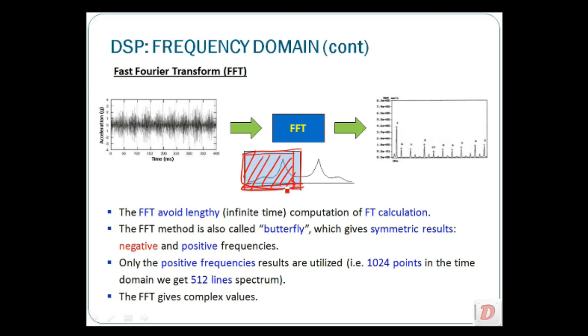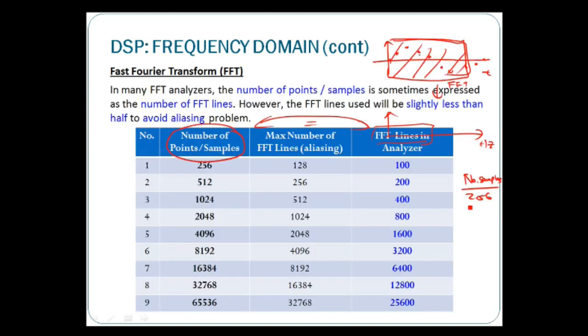So it is greatly related to the number of samples you use to convert to the frequency domain, divided by 2.56. That gives us our FFT lines. If you see the table, 256 divided by 2.56 is 100. So you have 100 FFT lines.